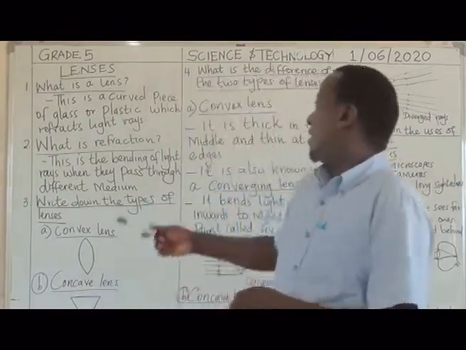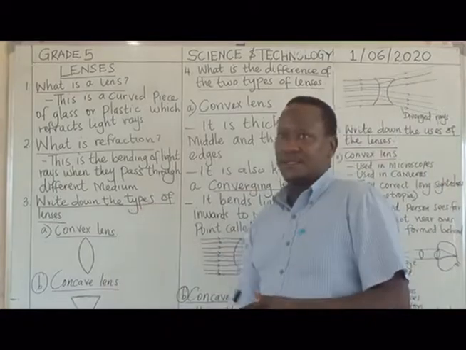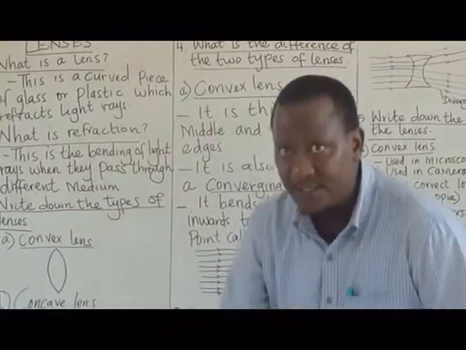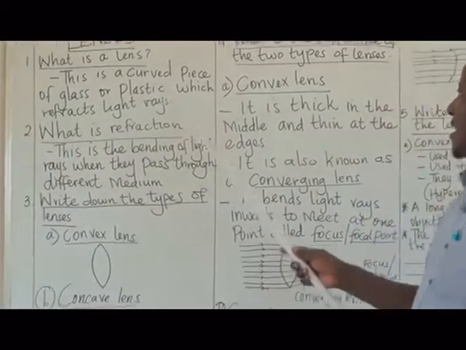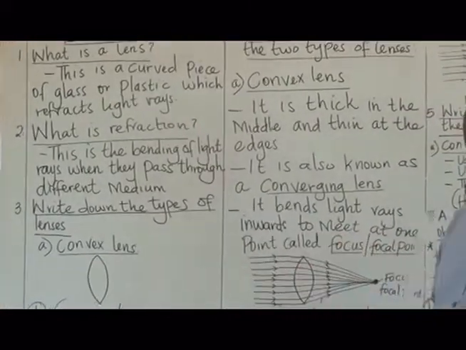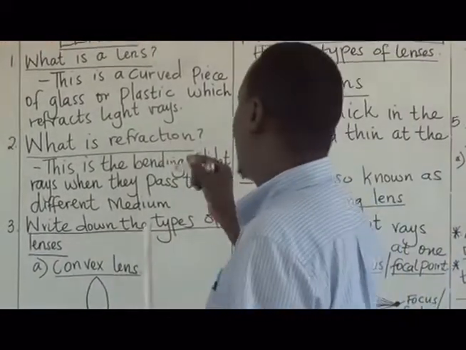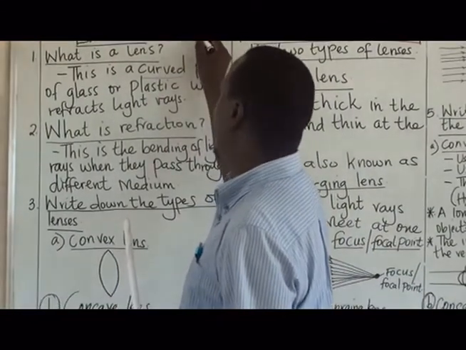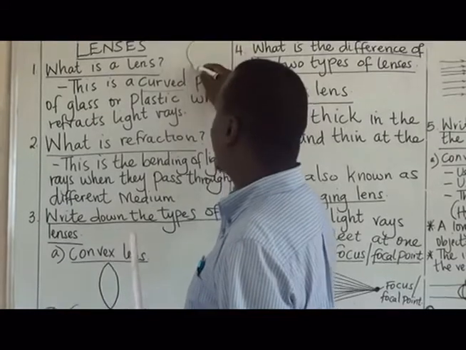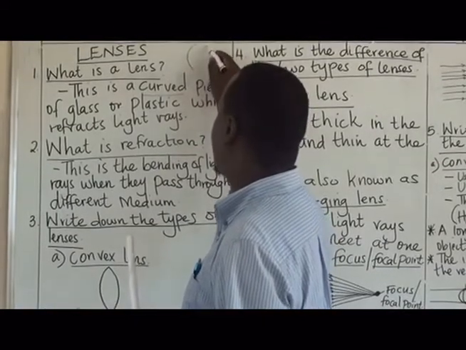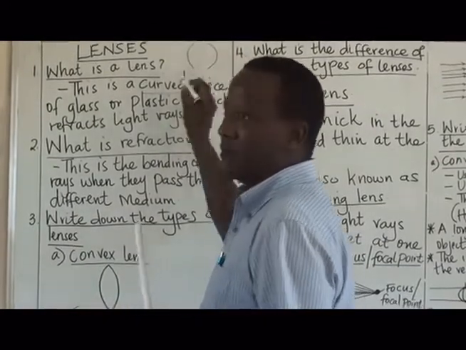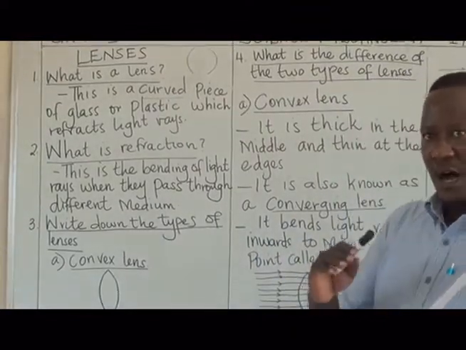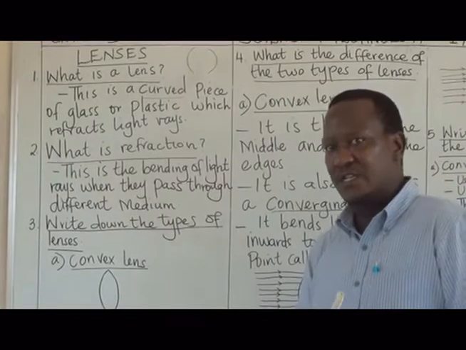Now, a lens. What is a lens? A lens is a curved piece of glass. When we say curved, I think you understand. Something that is curved means it is either bent outwards or bent inwards.